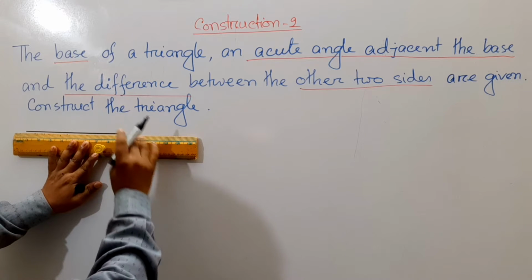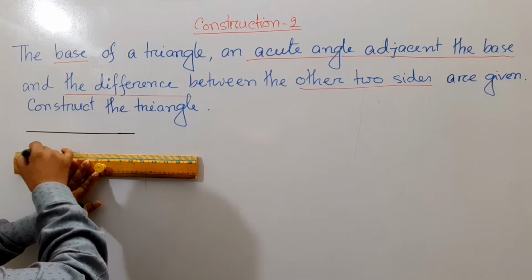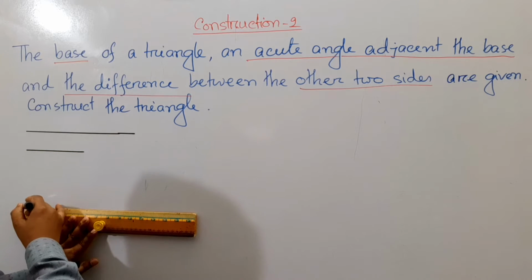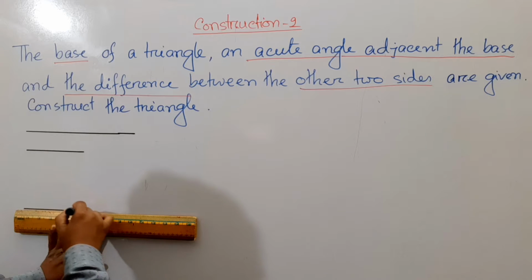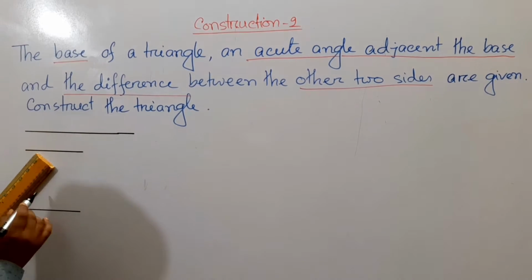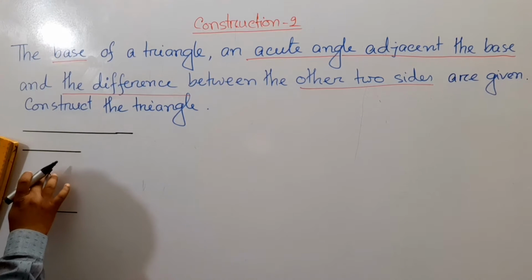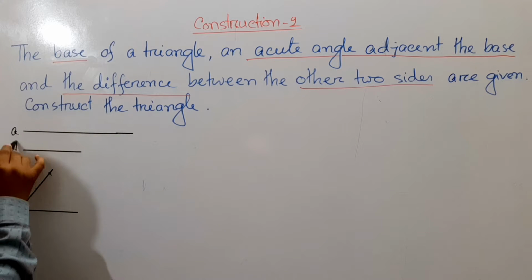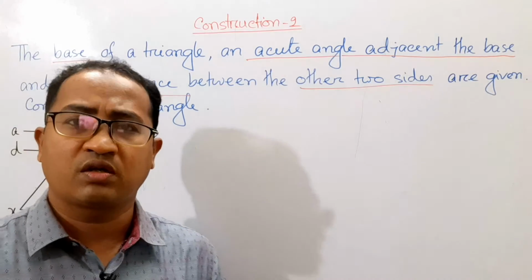Say this is a side A, the difference of the other two sides D, and one acute angle X. A is the base, D is the difference, and X is any acute angle. By these three pieces of information we will construct the required triangle.